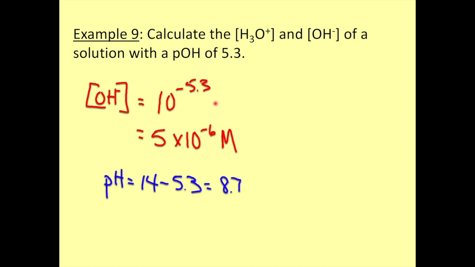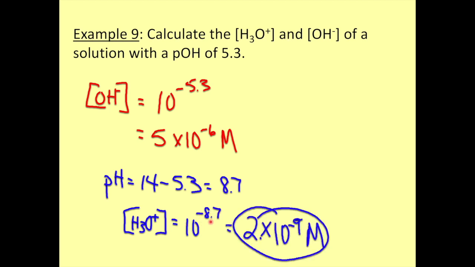Now I'm going to calculate the pH because I know the pH and the pOH add up to 14. So 14 minus my pOH, which is 5.3, will give me my pH. So now I just have to take 10 to the minus 8.7, and I will find my hydronium concentration, which is 2 times 10 to the minus 9 molar.